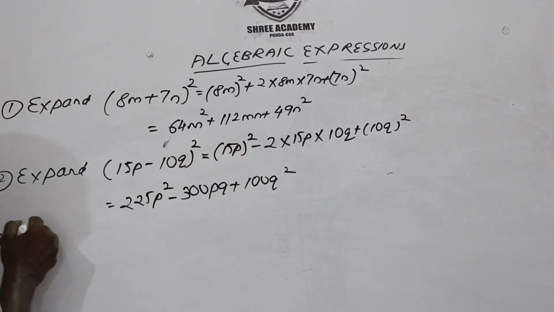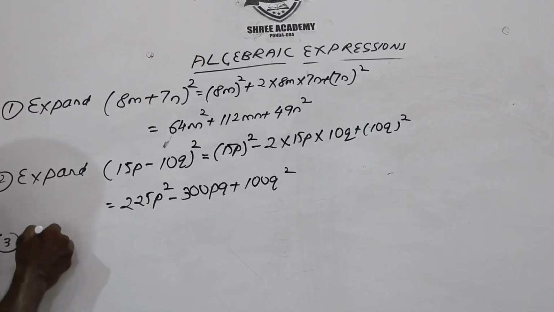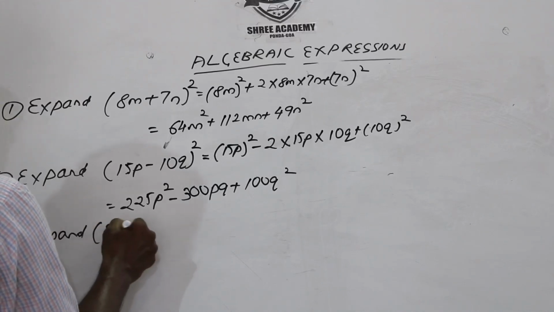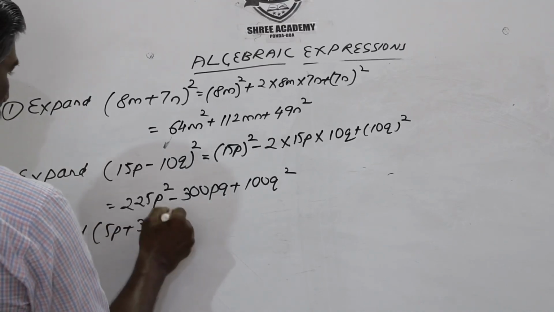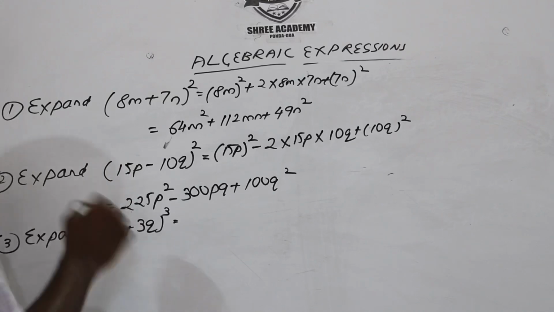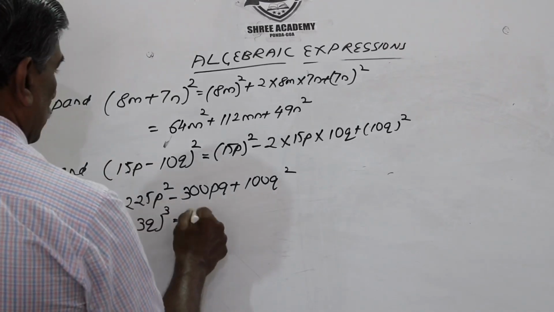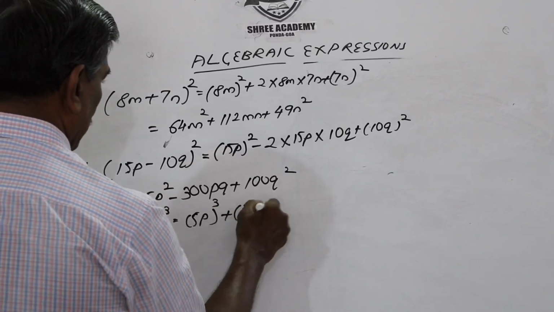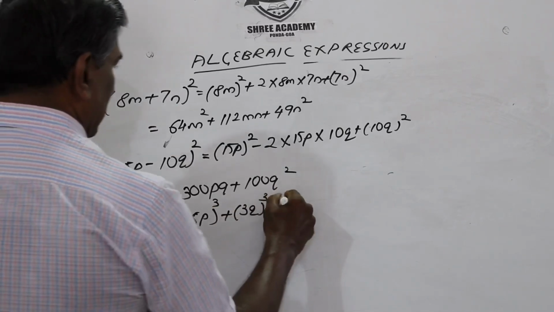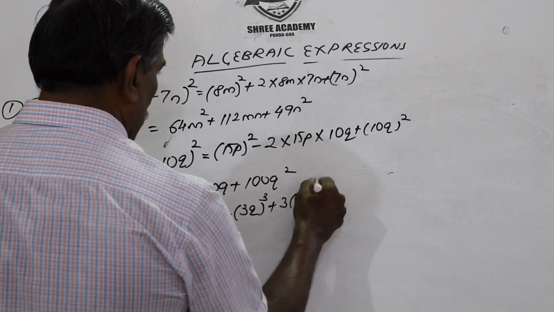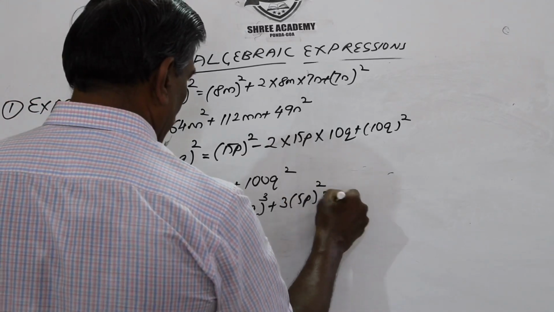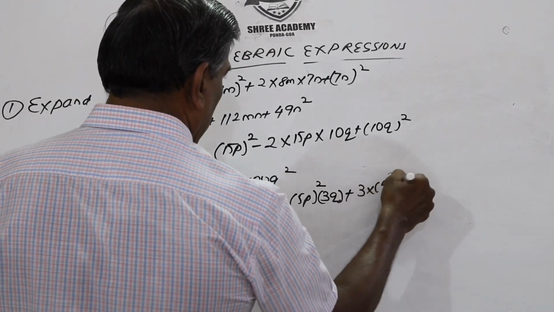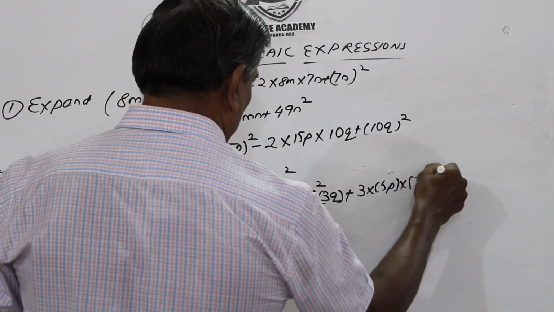The third one is we can expand 5p plus 3q the whole cube. Now this is a plus b the whole cube, so this can be written as a cube plus b cube plus 3a square b plus 3ab square.